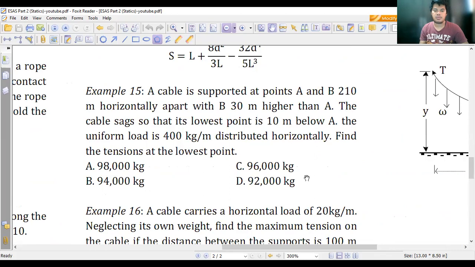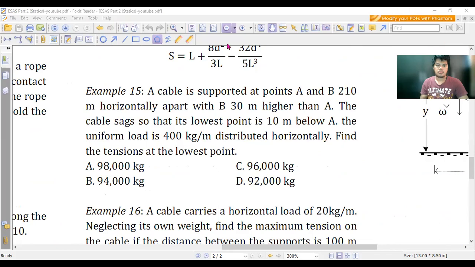So points A and B with B higher than A. This would be the cable, this would be point A, the cable sags down and then goes to point B. Point B is 30 meters higher than A, according to the problem.